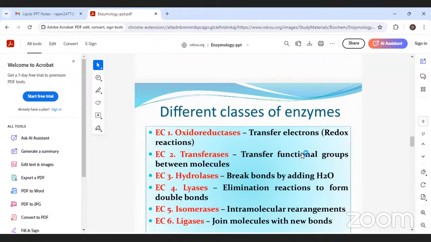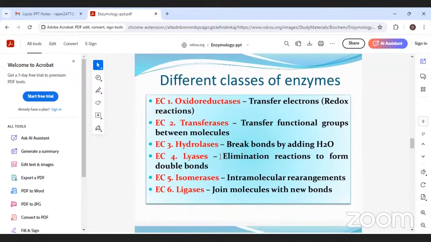Transferases transfer functional groups between molecules. Hydrolases break bonds by adding water. Lyases form double bonds, an elimination, the splitting of the molecule. Isomerases perform intramolecular rearrangement. You can learn these by heart.